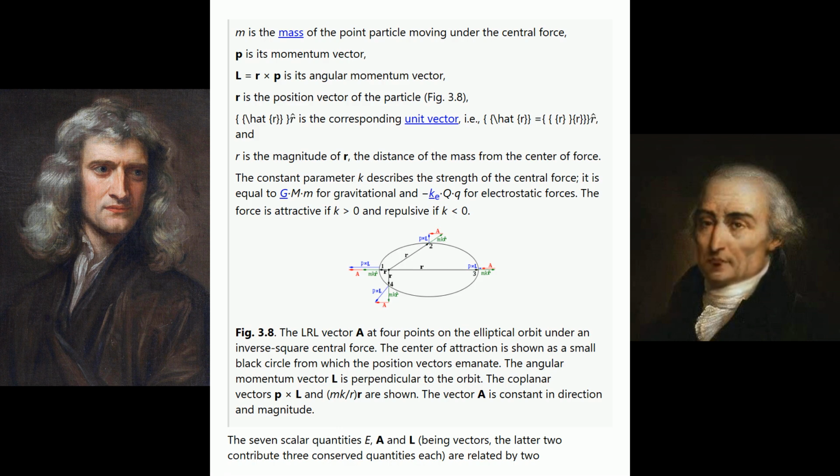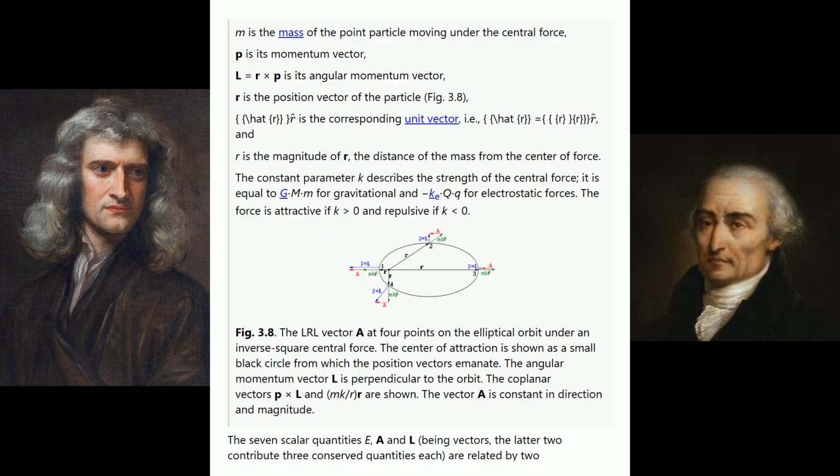The constant parameter k describes the strength of the central force. It is equal to G m M for gravitational and minus k_e q q for electrostatic forces. The force is attractive if k is greater than 0 and repulsive if k is less than 0.